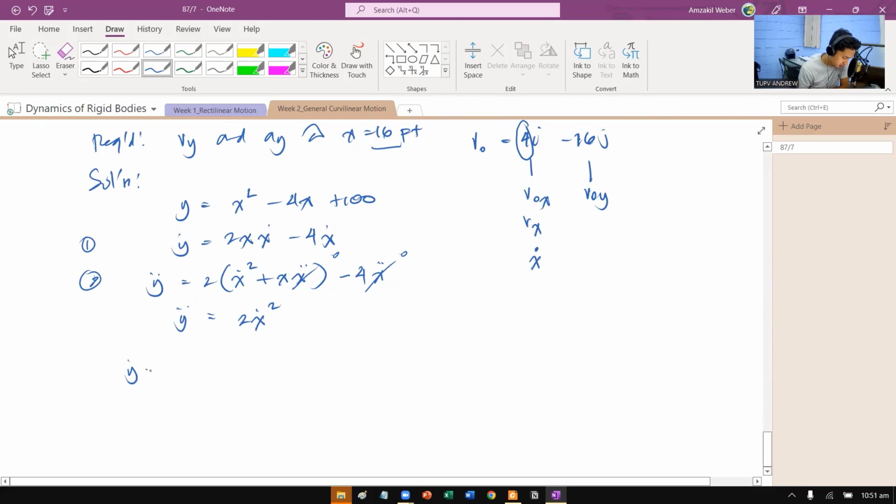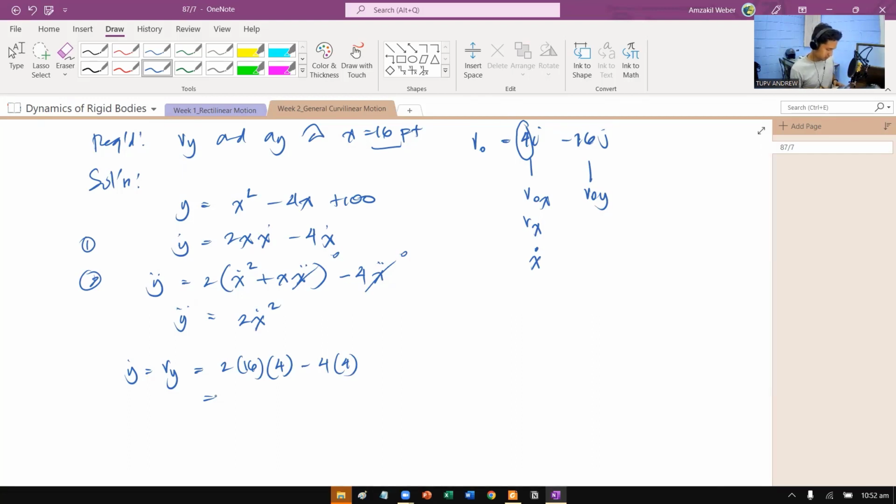So y dot equals Vy equals 2 times 16 times 4 minus 4 times 4. That is right.